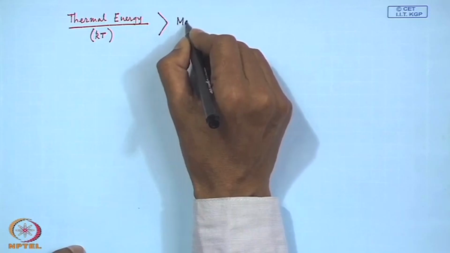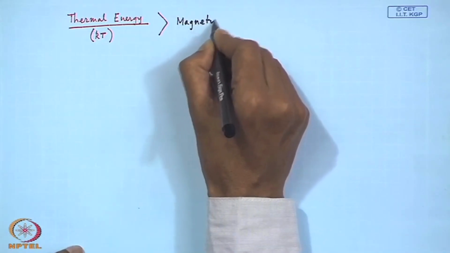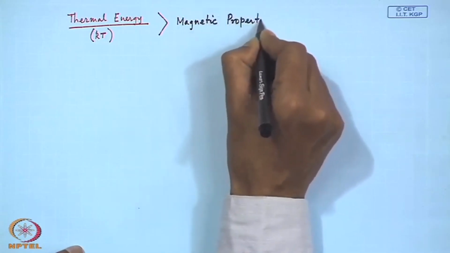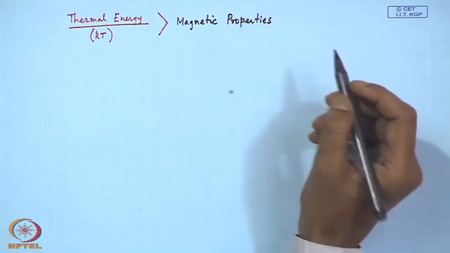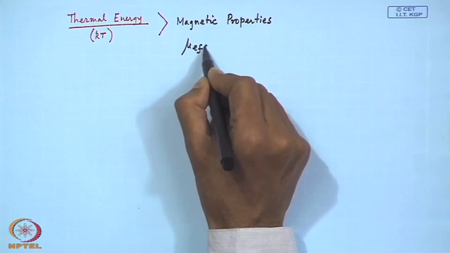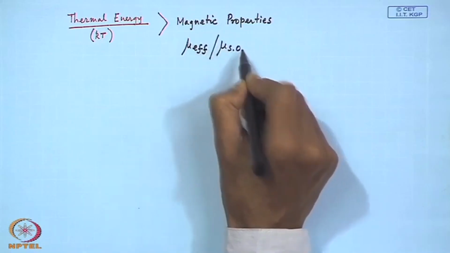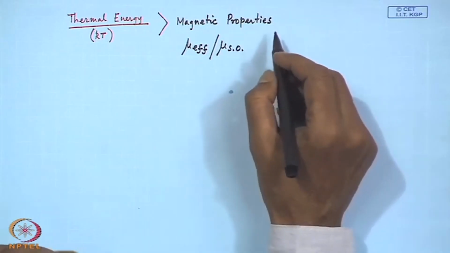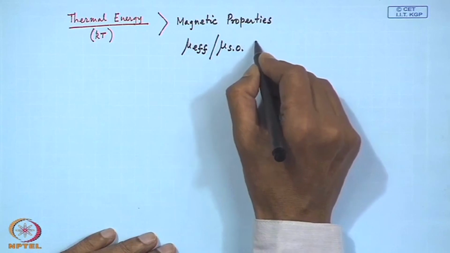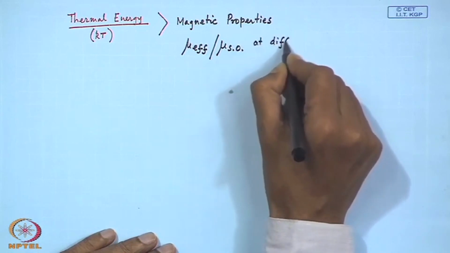So we can determine the mu effective or mu spin only, which are the main contributors to the magnetic moments at different temperatures.